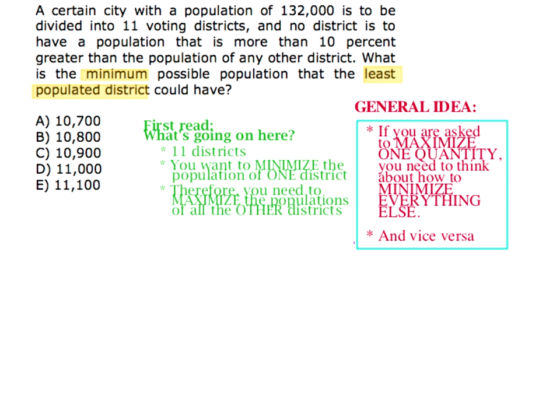So in other words, there's going to be some maximum allowable value, and in this case, every single other district is going to have it. So all of the other districts will have the same maximum value of population.